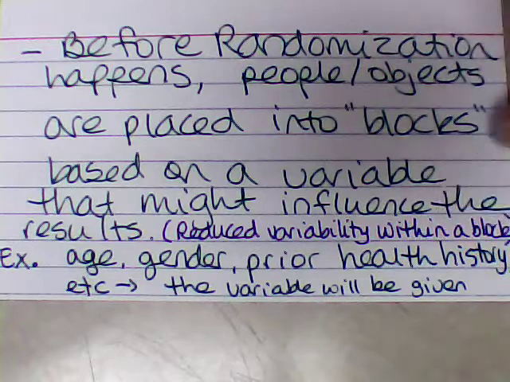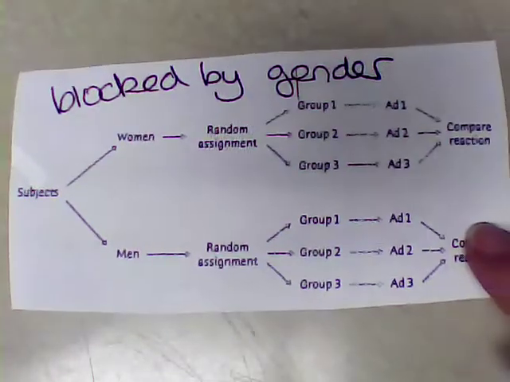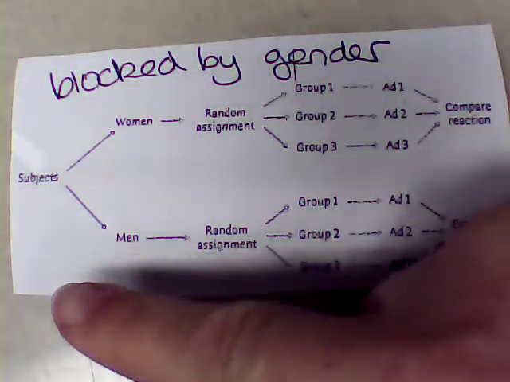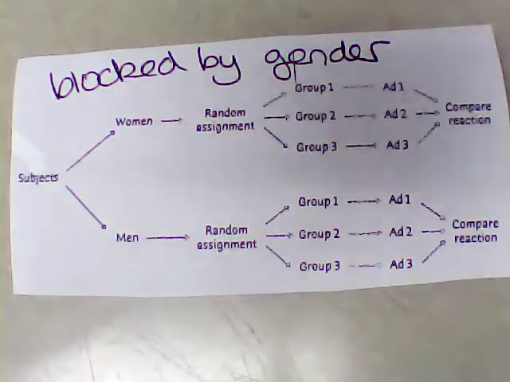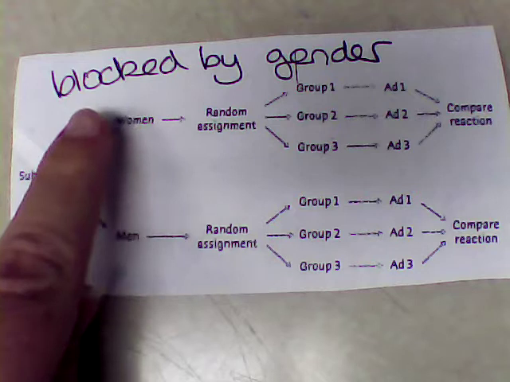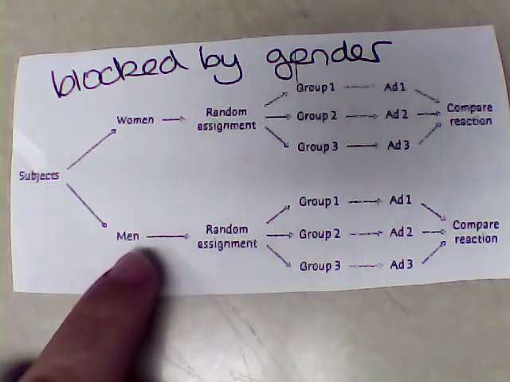So here's a little picture of that. This would be a flow chart for a blocked by gender experiment. Again, we've got our subjects or our volunteers. They have not been randomly assigned. So you can see right here, there is no randomization into men and women. This would be a block of women and a block of men.